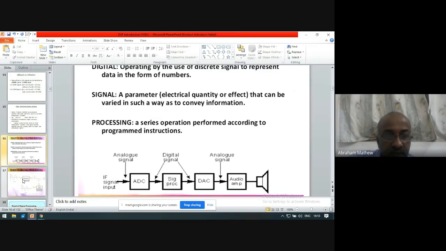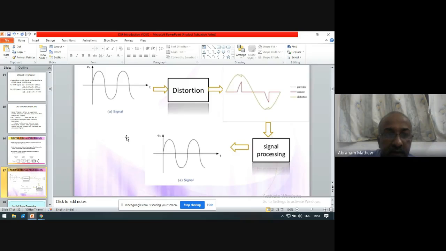And we can again convert the digital signal back into analog signal, and we can utilize the information for various applications.